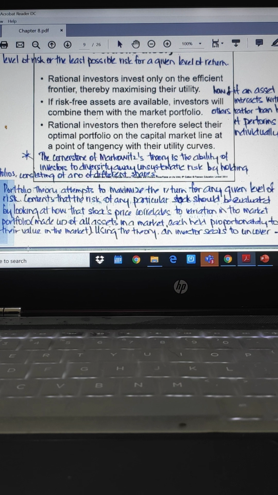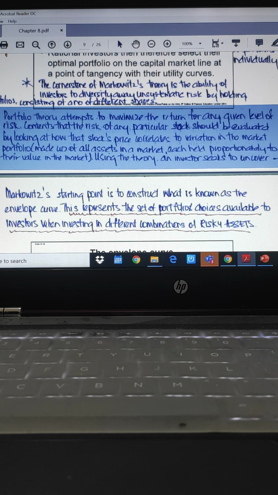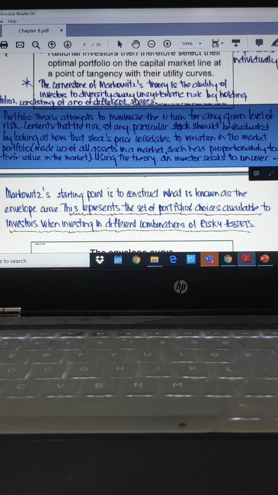Portfolio theory attempts to maximize return for a given level of risk. They contend that the risk of any particular stock should be evaluated by looking at how that stock's prices correlate to variation in the market portfolio made up of all assets in the market, each held proportionally to the value in the market.